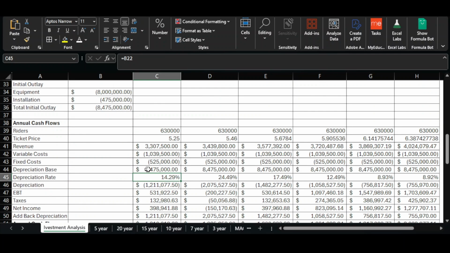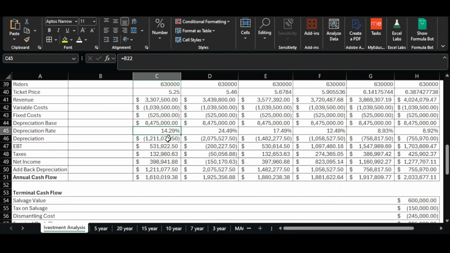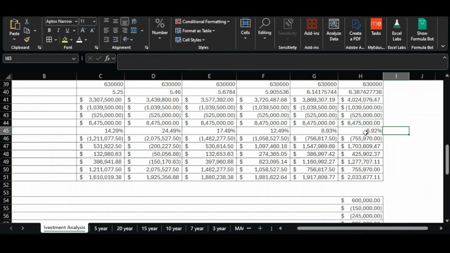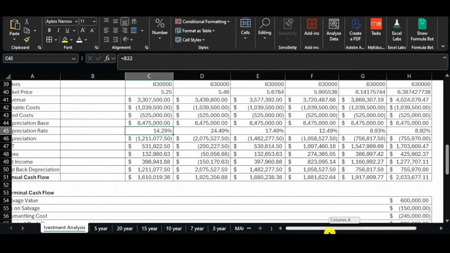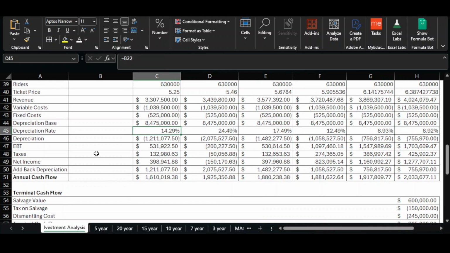So down here, I just showed you how these numbers were taken from. They are simply referring to what I just explained as the standard rate of depreciation.